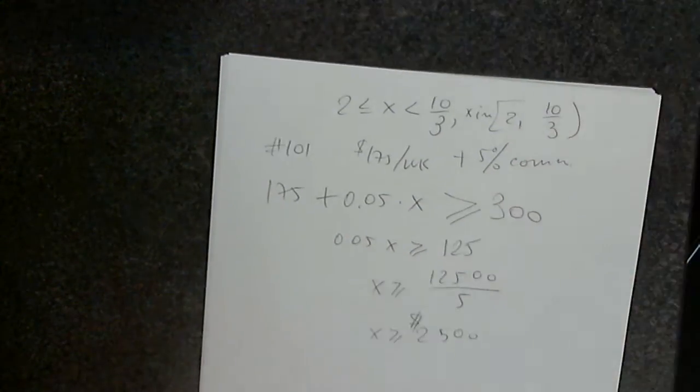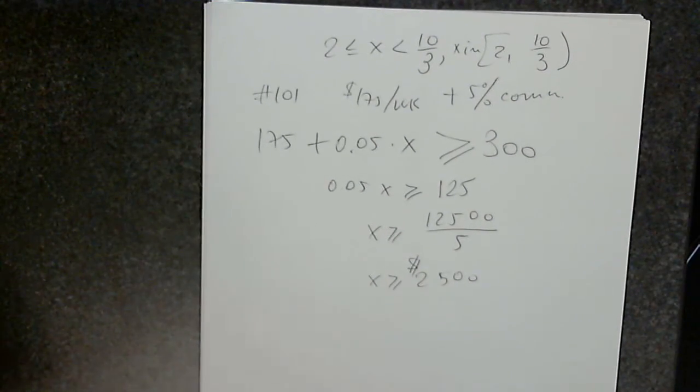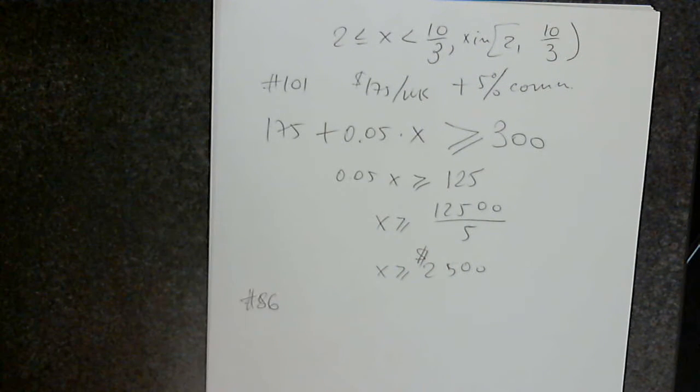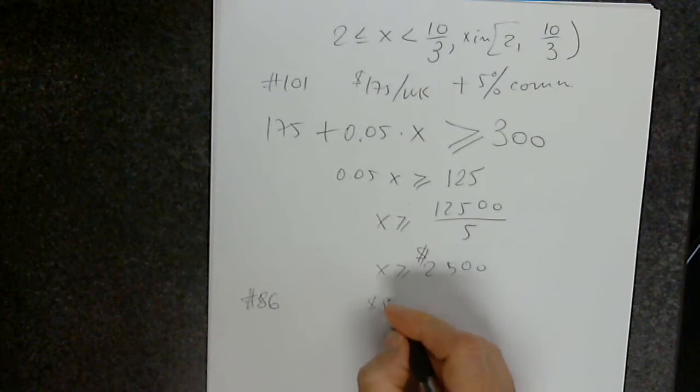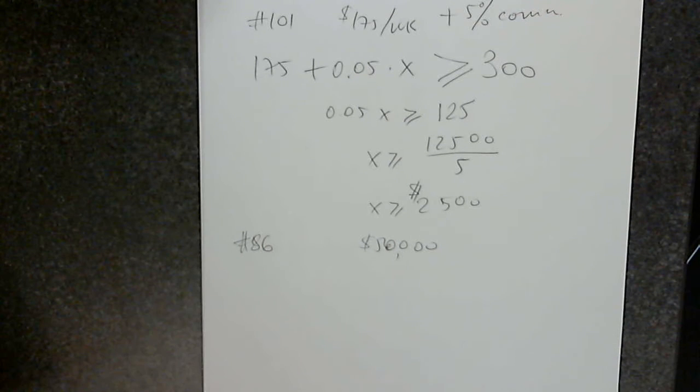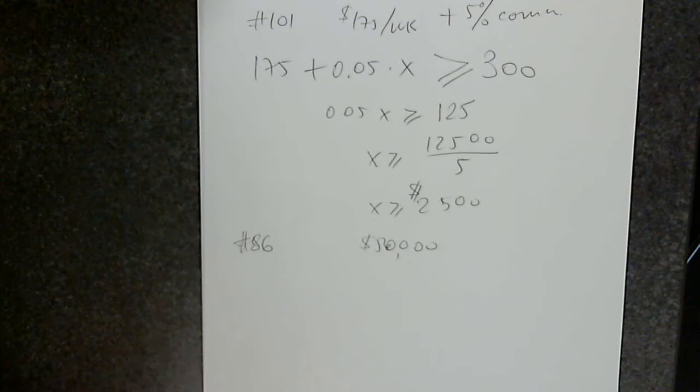Problem 86. A $50,000 retirement pension is to be invested into 2 accounts. The 50,000 or the retirement account. Okay.